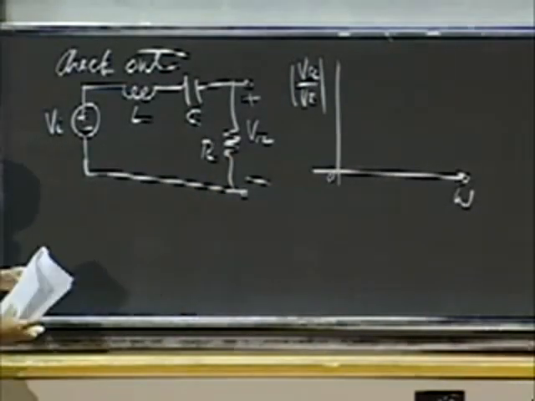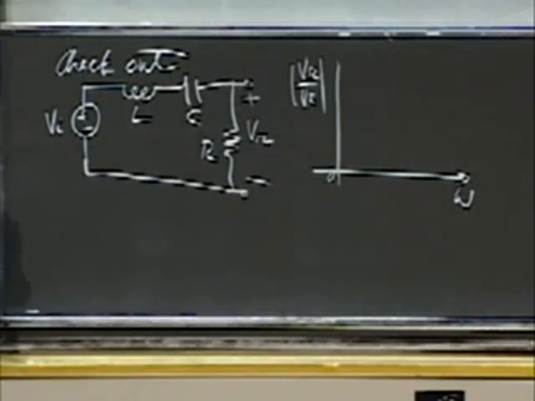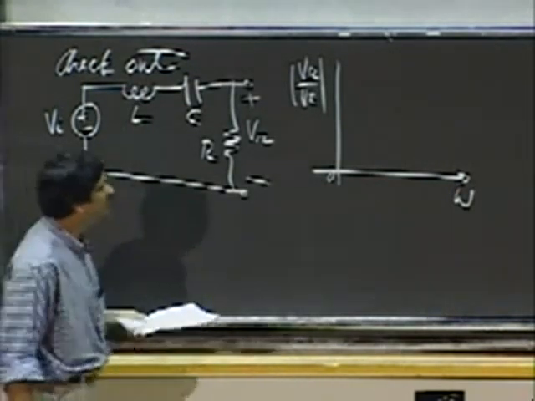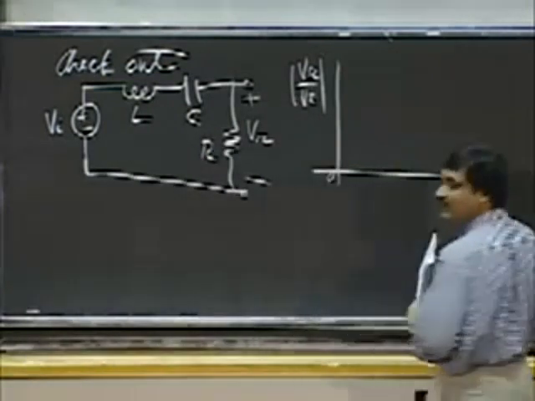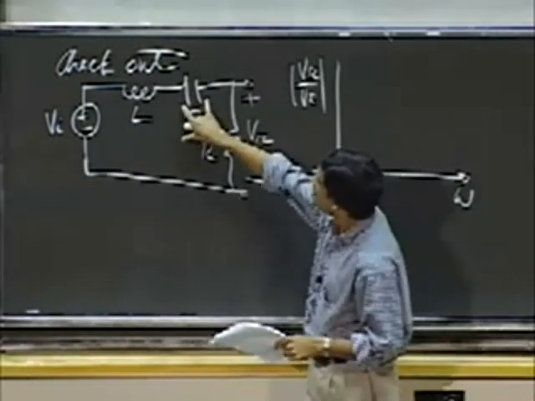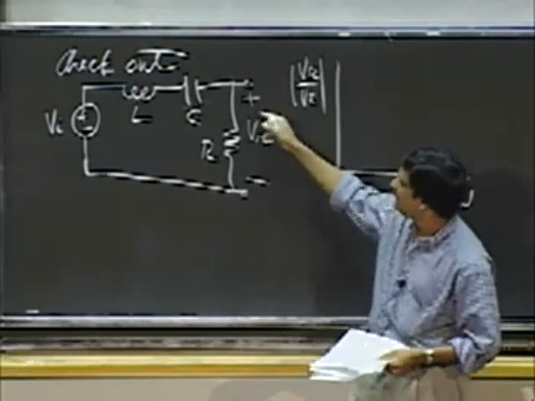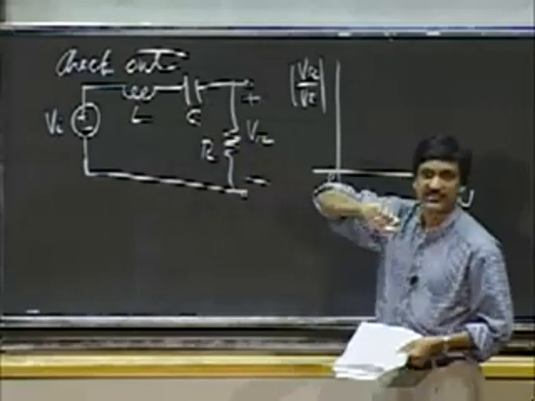So for something like this, what happens at very low frequencies? We're just looking to get a very crude shape of what this graph is going to look like. Given that I'm taking the voltage across VR, what happens at very low frequencies?